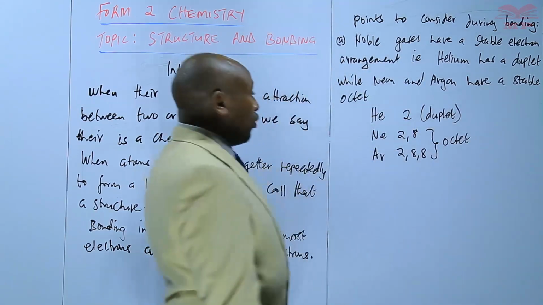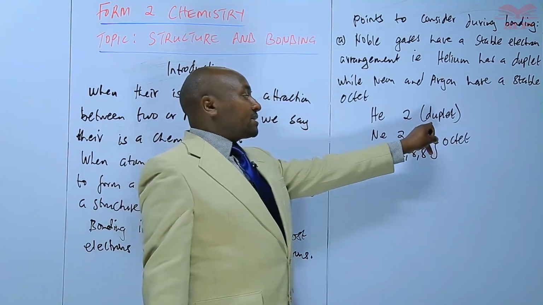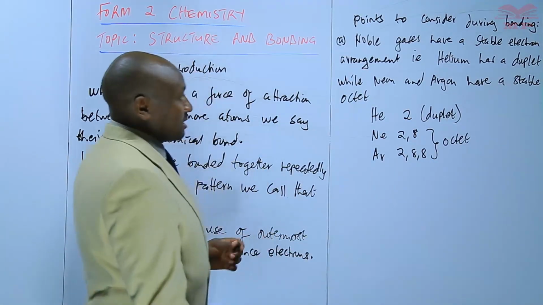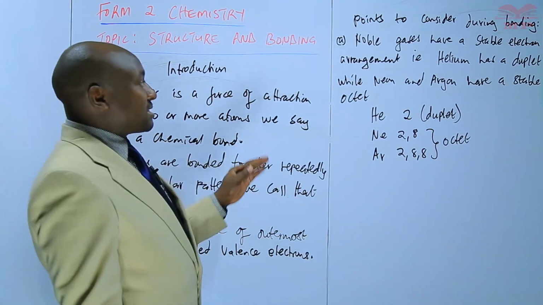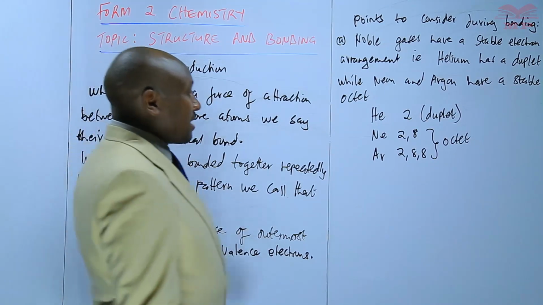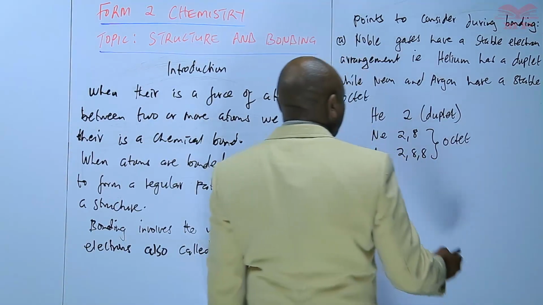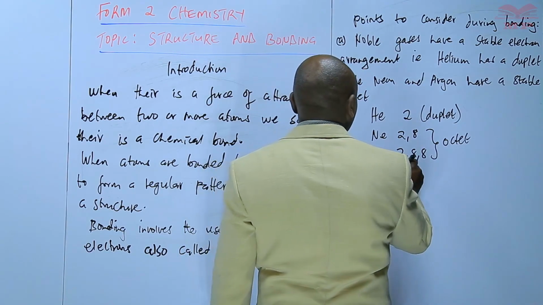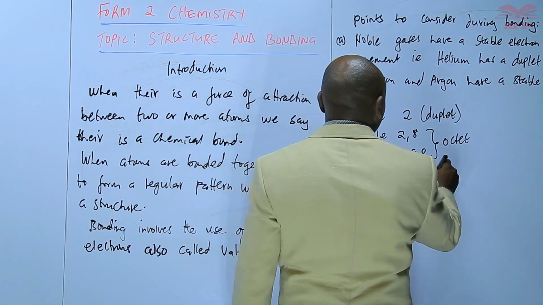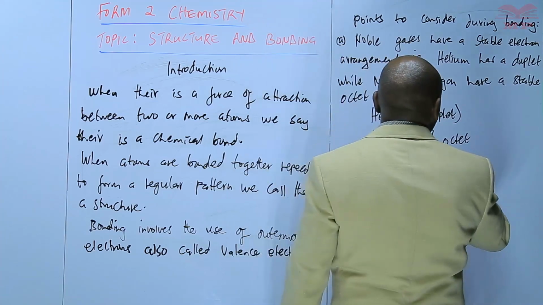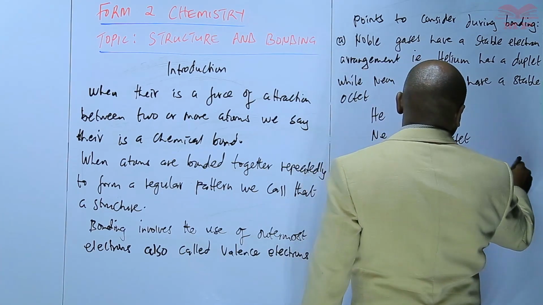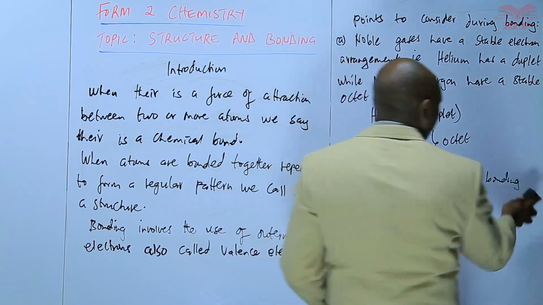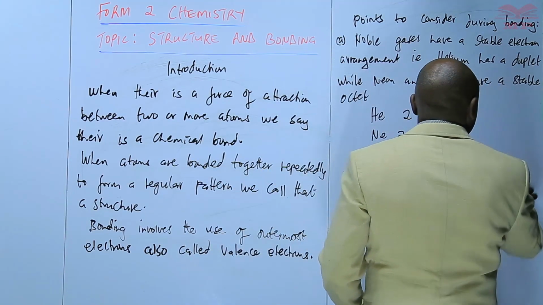So both a duplet and an octet are stable electron arrangements. So noble gases have a stable electron arrangement, and therefore we can say that noble gases do not form bonds.